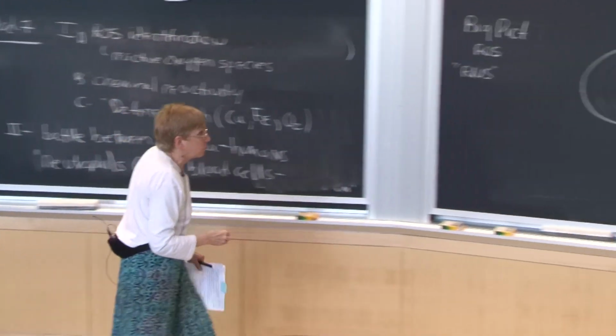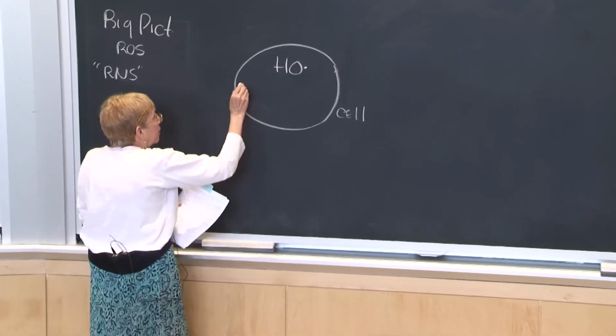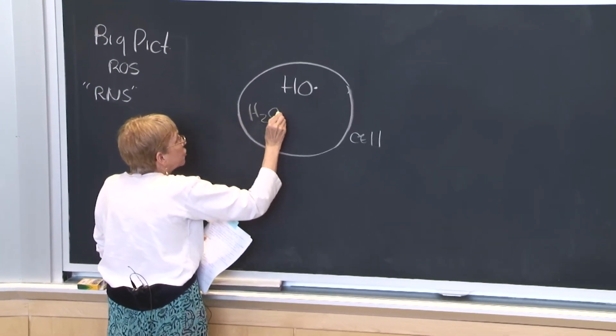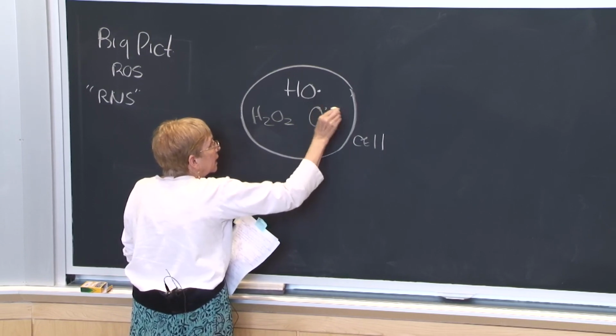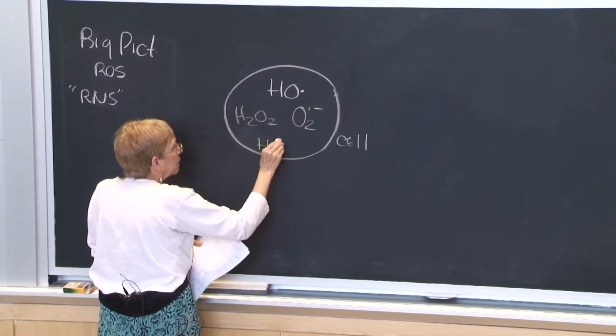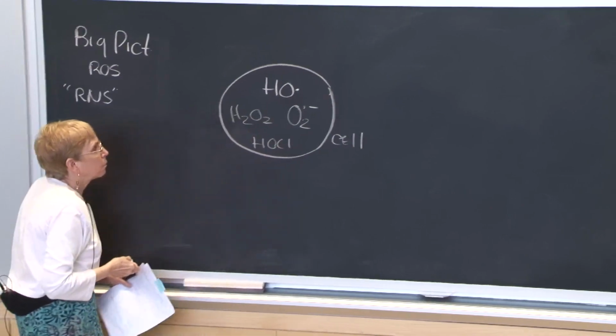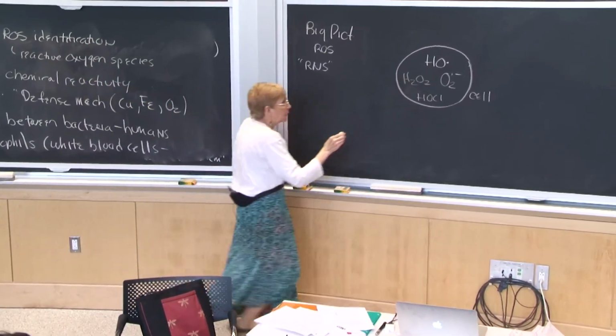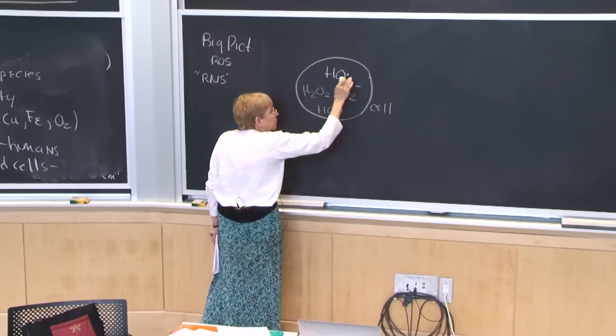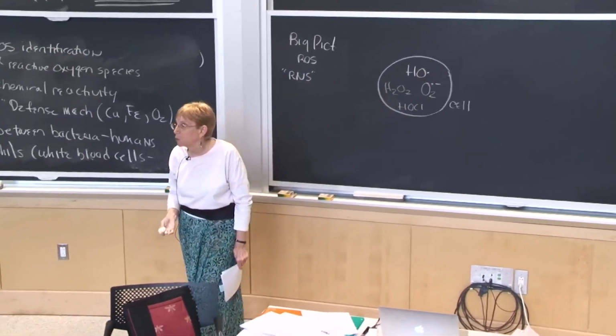So we have hydroxide radical. We have hydrogen peroxide. We have superoxide. And we have hypochlorous acid. So these are the 4 species that we're going to be focused on. And you can already see that some of them are radical and some of them are not.